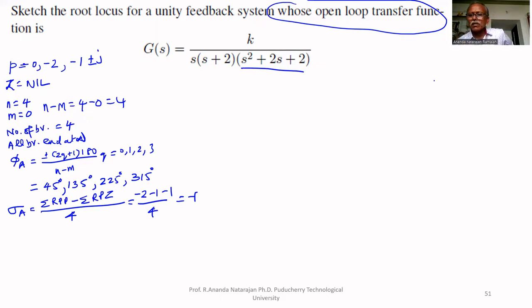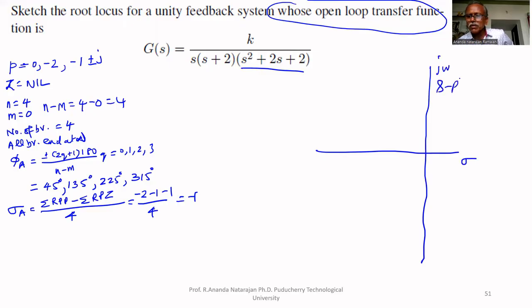Now let us draw the root locus. On the s plane, with σ and jω axes, we mark 0, −1, −2, −3, and j, 2j, 3j, and −j, −2j, −3j.